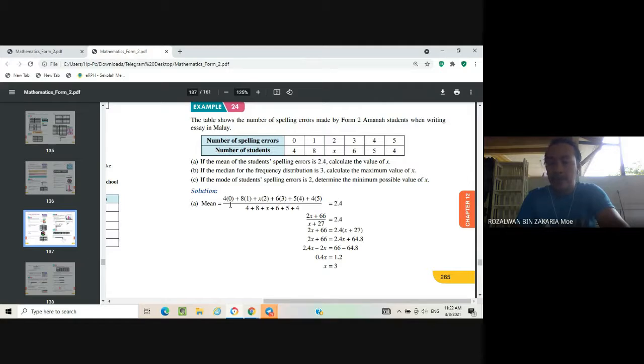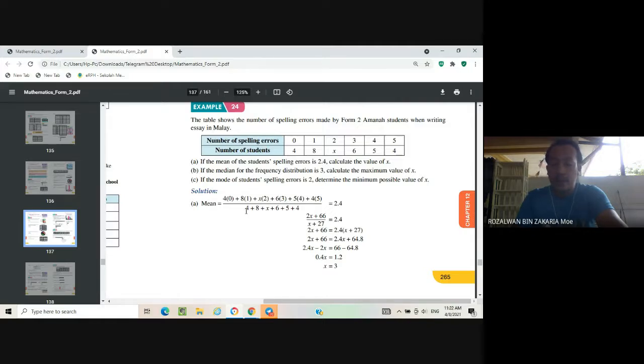Then we divide by the total frequency, or the total number of students: 4 plus 8 plus x plus 6 plus 5 plus 4, equal to 2.4 because the mean is given as 2.4.